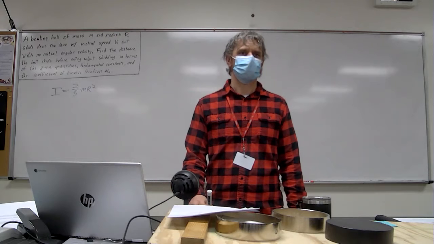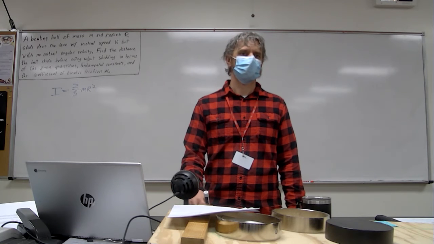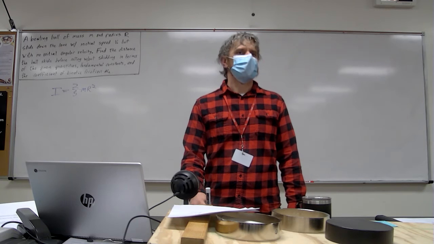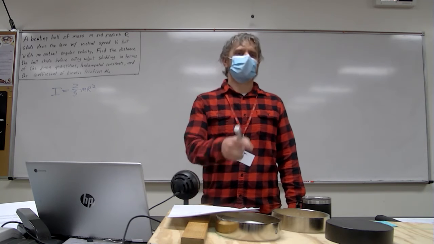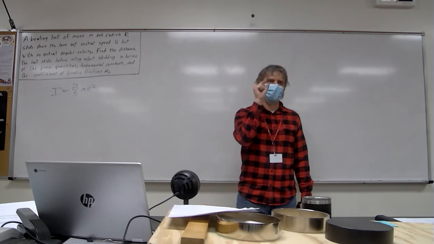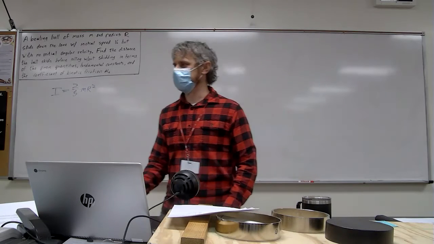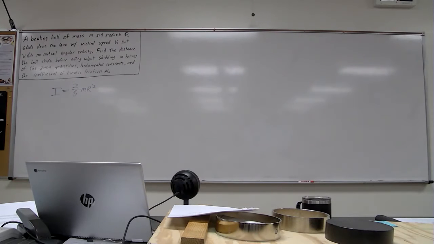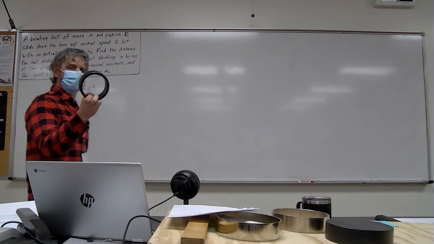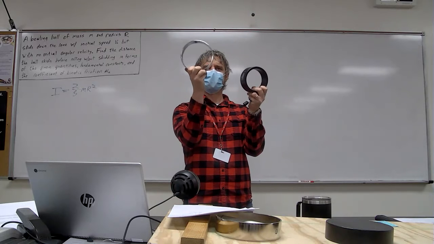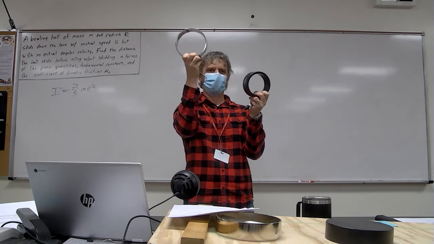I have a small question about the rotational inertia for a spherical shell. Does the thickness of the shell matter? Yes. A spherical shell assumes that the thickness of the shell is very small in relation to the radius. Something like this, as compared to this: notice how the thickness of this one is much smaller in relation to its actual dimensions.